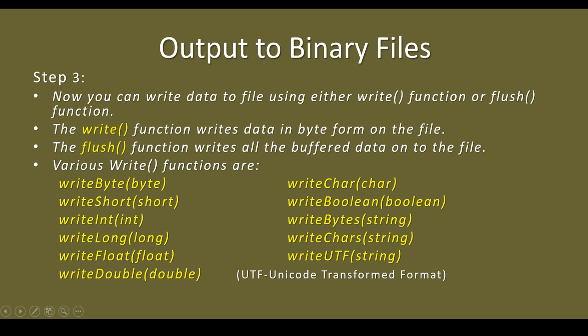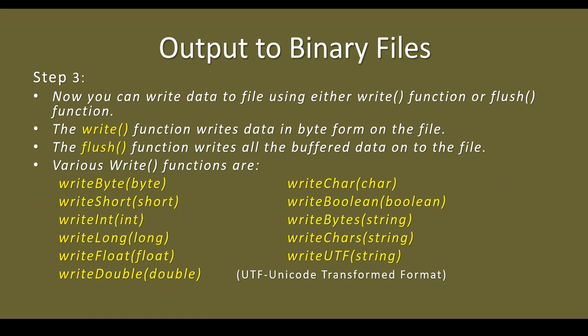Now, step 3: after creating both, you can use different methods. You can write the data to the file using either the write function or the flush function. The write function writes the data in byte form on the file. You are not going to be able to view this, because it is not a text file, it is a data file. It will be written in byte form, so numerical form.